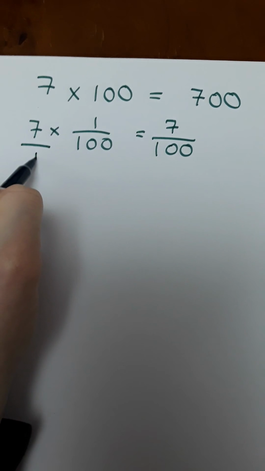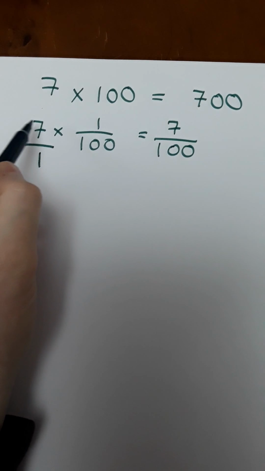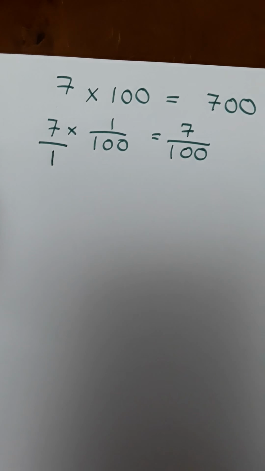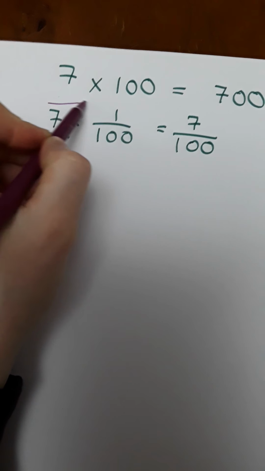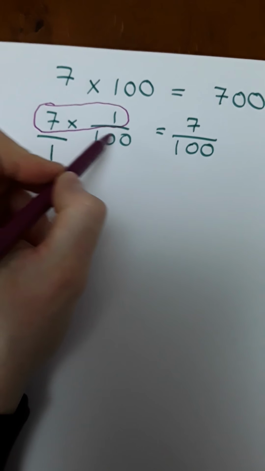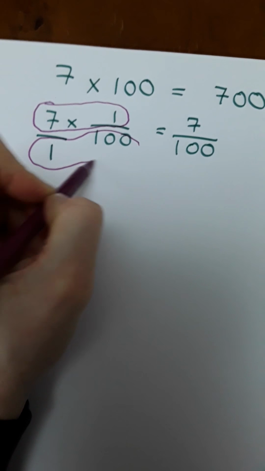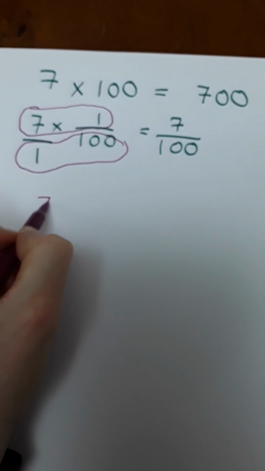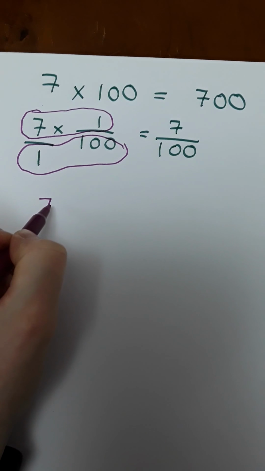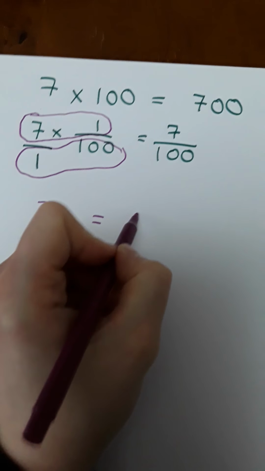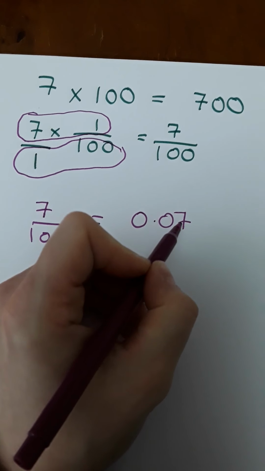If we wrote that as a fraction, we'd write 7 over 1. Now notice when we multiply fractions, if you can remember from when I covered fractions with you, we times the top two numbers together and the bottom two numbers together separately, so you end up with 7 over 100. Now, if we work out 7 divided by 100, we end up with 0.07.